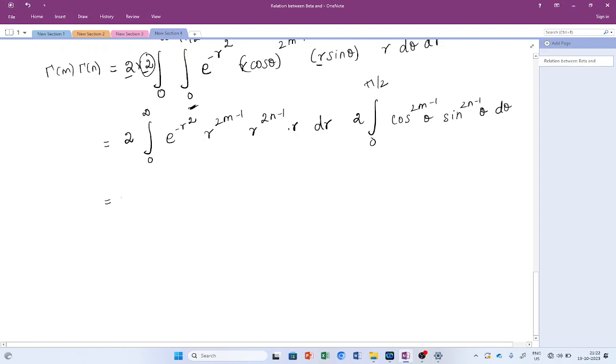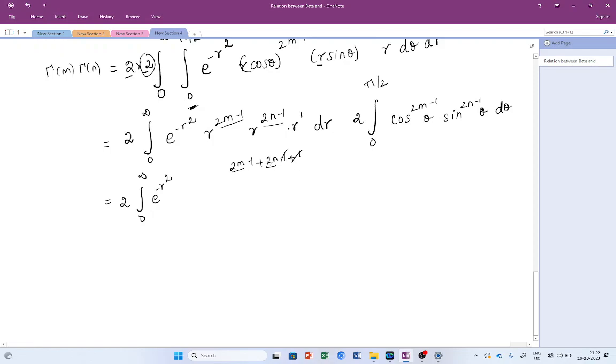So this is equal to 2 into integral 0 to infinity e power minus r square. Here you can see the powers: 2m minus 1 plus 2n minus 1 plus 1, so plus 1 and minus 1 will get cancelled. So here I have 2m plus 2n minus 1.